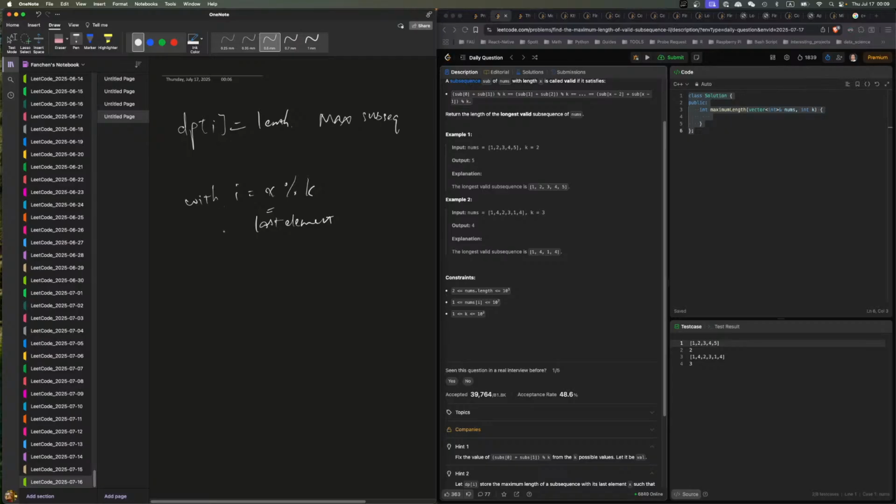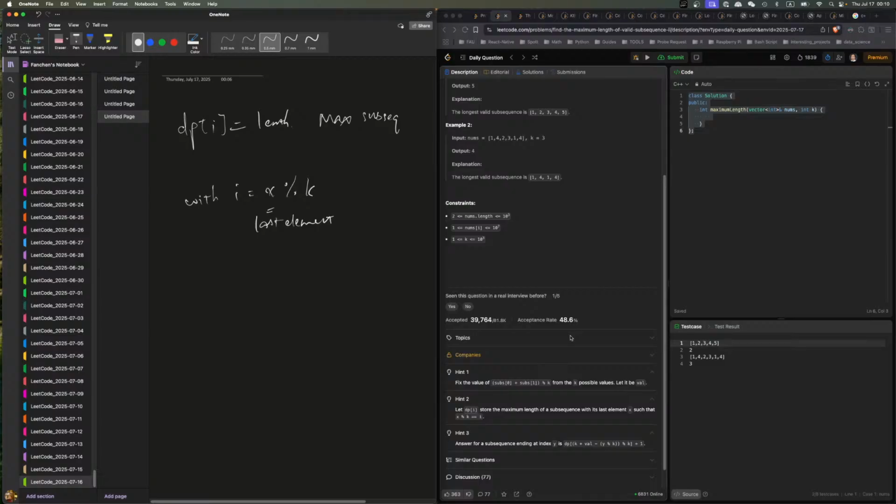So we're just saying, if the last element mod k is a certain remainder, what is the longest subsequence? Okay.